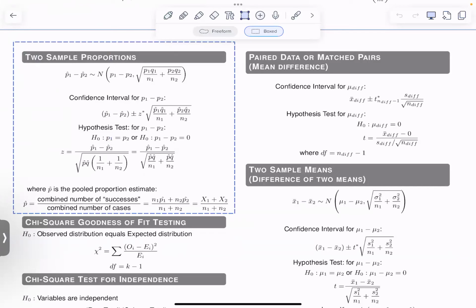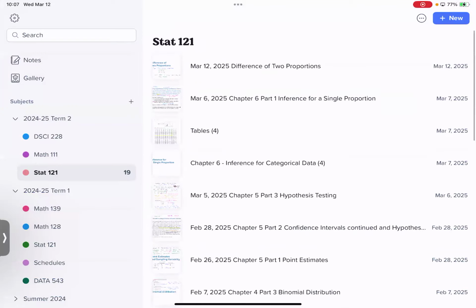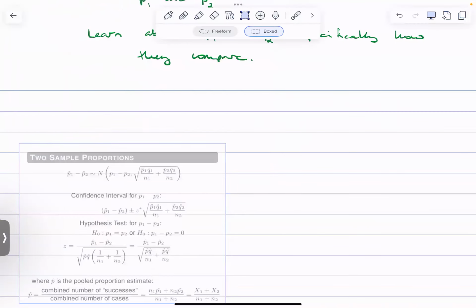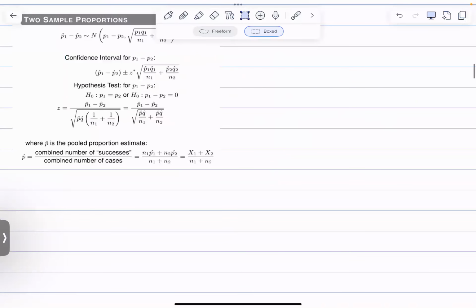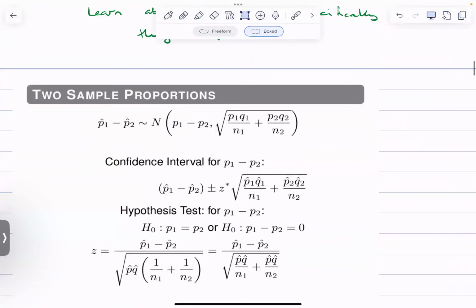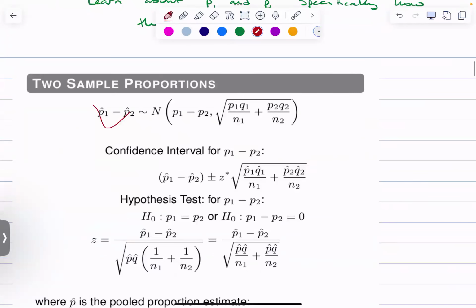I'm going to grab it all and bring it in here. So from your formula sheet, just as before, you can kind of ignore this.